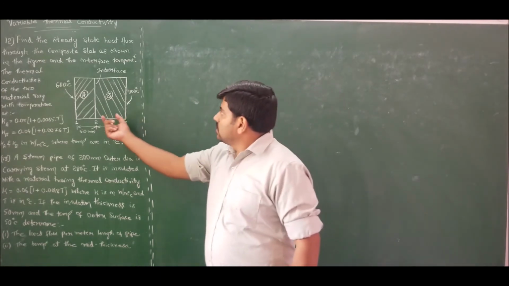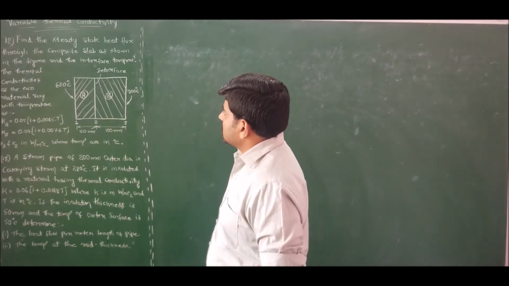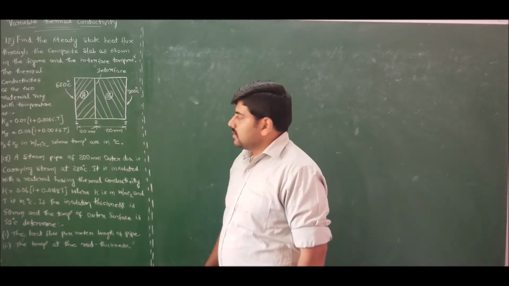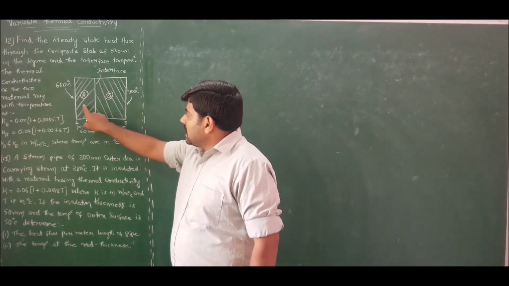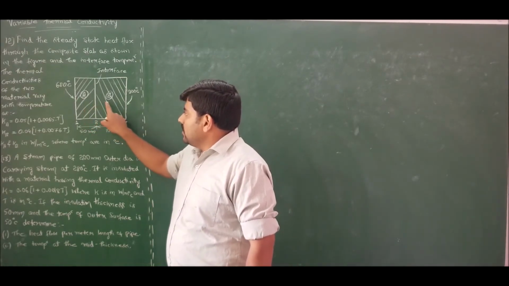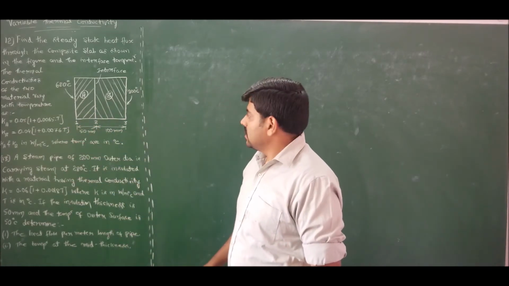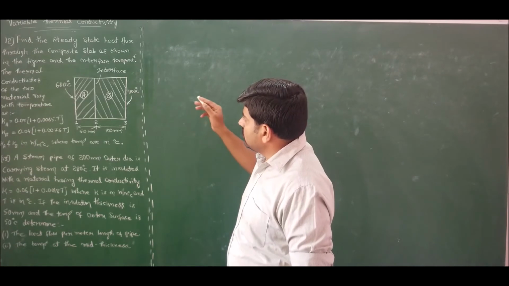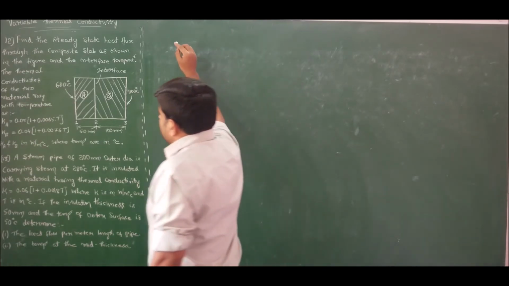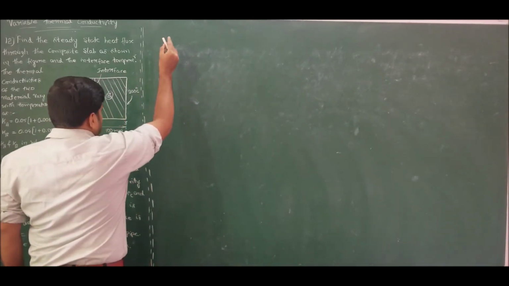So we have two slabs which are subjected to steady state heat conduction, and the thermal conductivities of slab A and slab B vary with temperature, which is given to us. Now let us solve this problem to determine the heat flux and also the interface temperature.